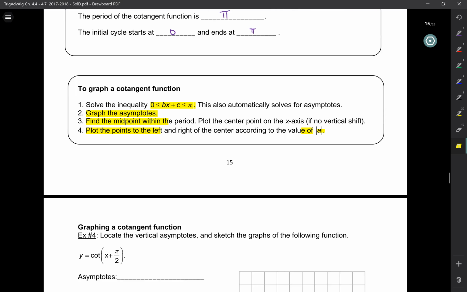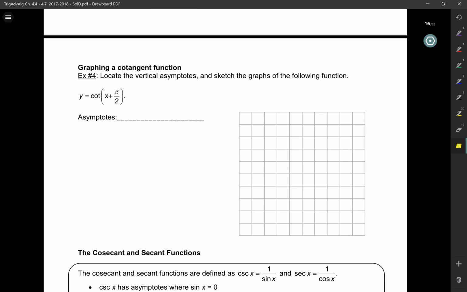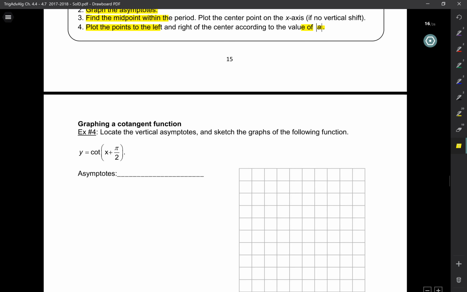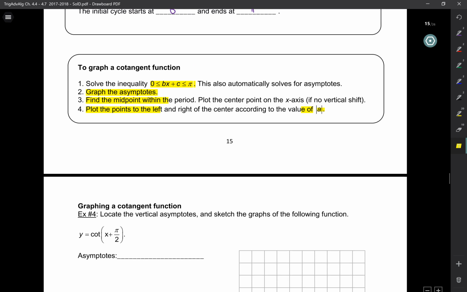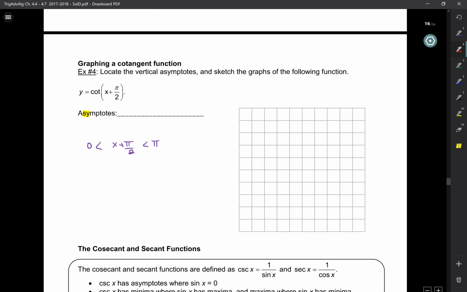Okay? We're going to throw another wrench into the mix now. I'm just going to do this one and then we're going to stop. So now we're going to graph cotangent of x plus pi over 2. What are the boundaries? 0 to pi. Inside, I'm going to put x plus pi over 2 for cotangent, correct.